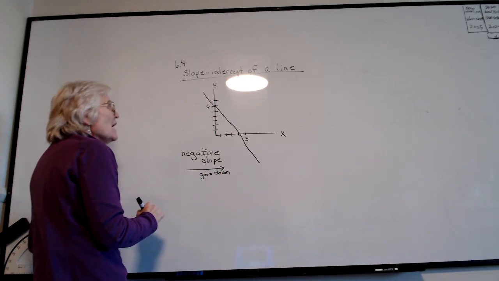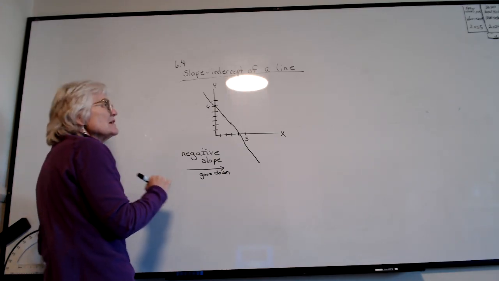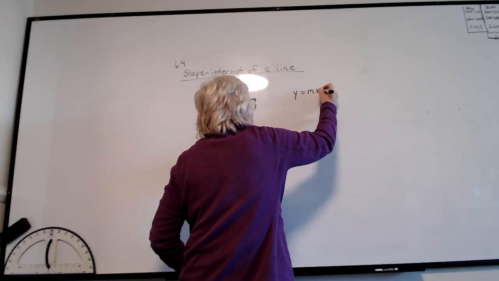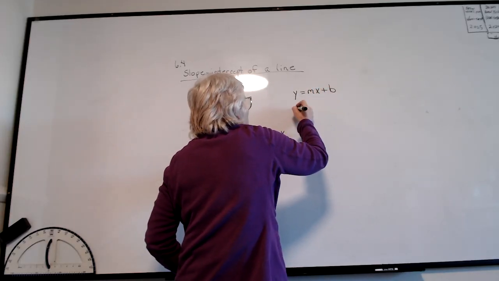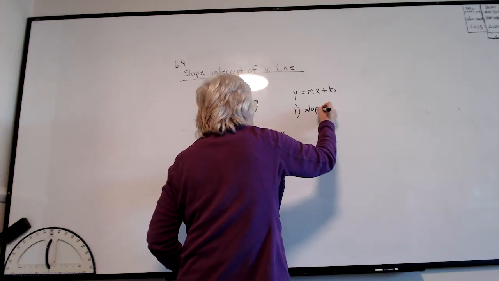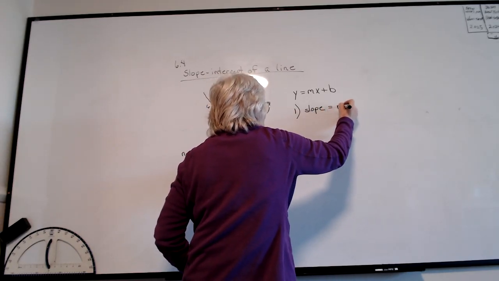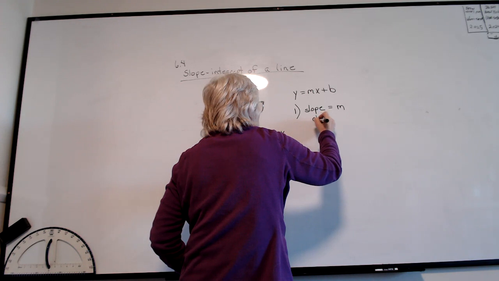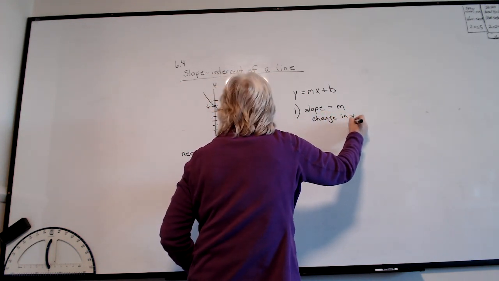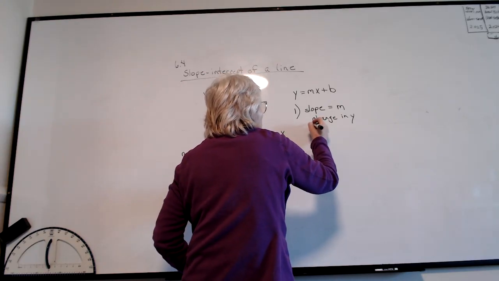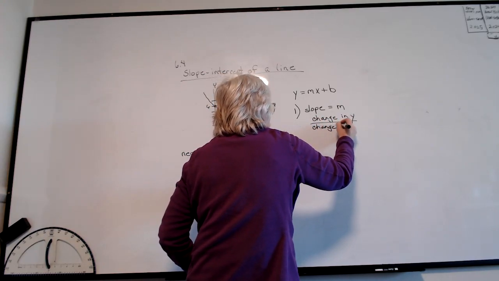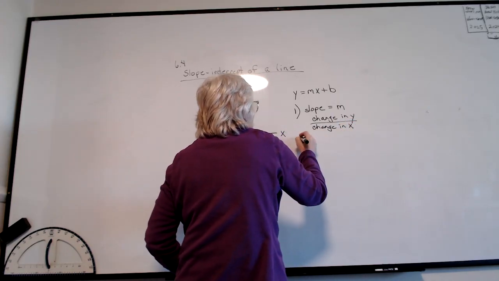Okay, so there's two things I need. I'm trying to get the equation. I need two things. One, the slope, which is written as M, which remember is the change in y over the change in x.